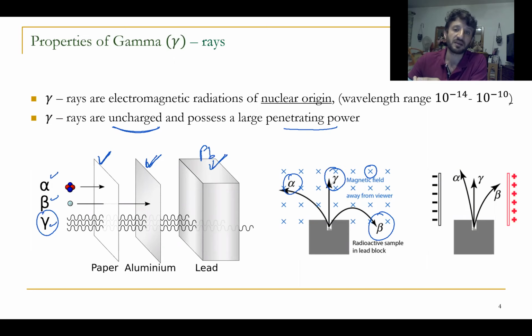But gamma ray will continue without any deviation because it's uncharged. The same if I take these beams inside an electric field, plus minus, we have a field E. So alpha particle and beta particle have a deviation inside the electric field, but gamma beam will continue without any deviation.